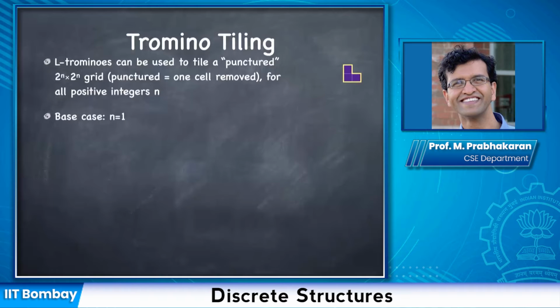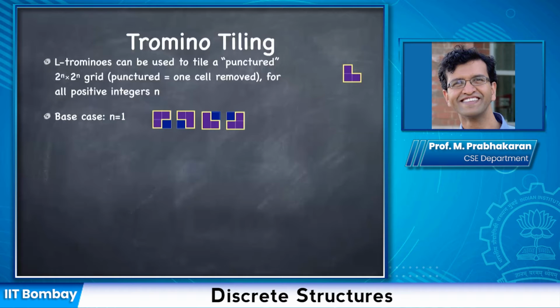So the base case is indeed n equal to 1, right? So you have 4 possible ways a punctured 2 by 2 grid can look, and in all cases you can tile it using just one copy of the Tromino.